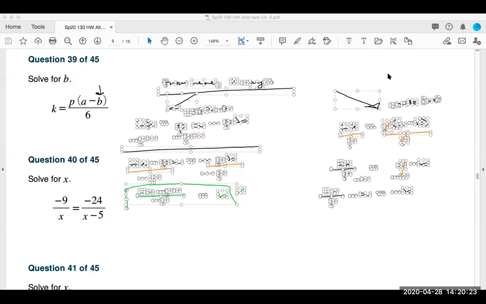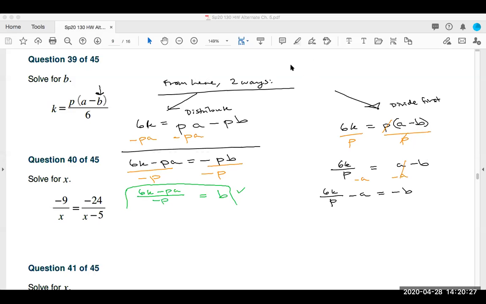Okay, so now from here, the last step would be to divide out by a negative. The B would be negative 6K over P plus A. All right, so let's check and see if these both come out to the same thing.